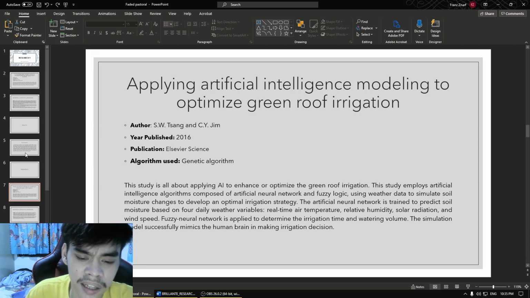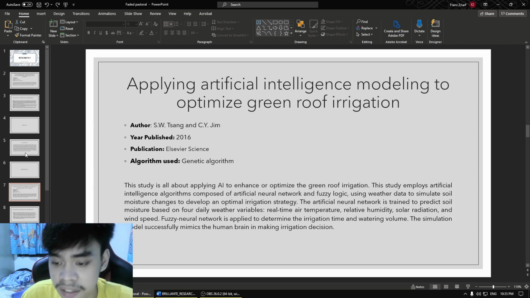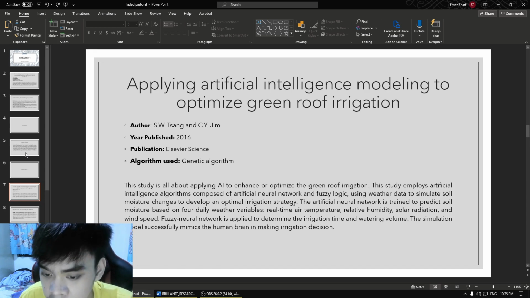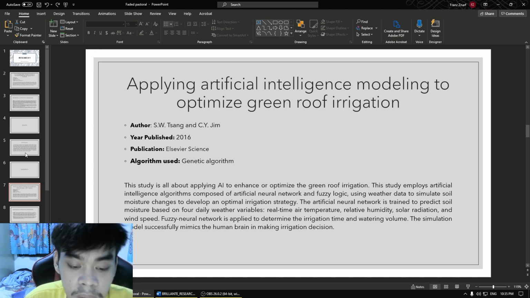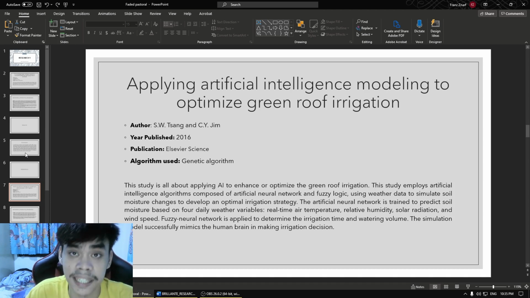These two AIs gather data using weather data to simulate soil moisture changes to develop an optimal irrigation system or strategy. The artificial neural network is trained to predict the soil moisture based on 4 daily weather variables, while the fuzzy neural network AI is applied to determine the irrigation time and the watering volume for the irrigation system.